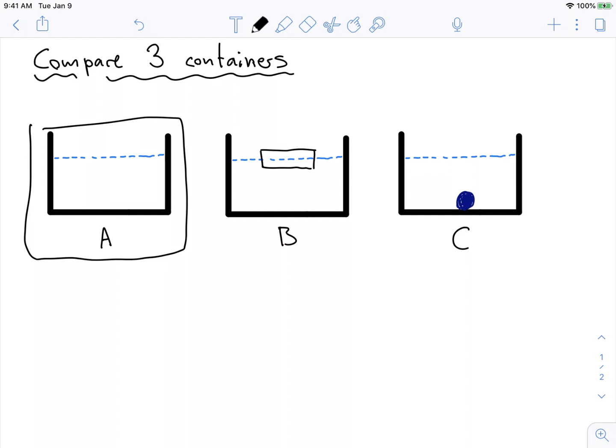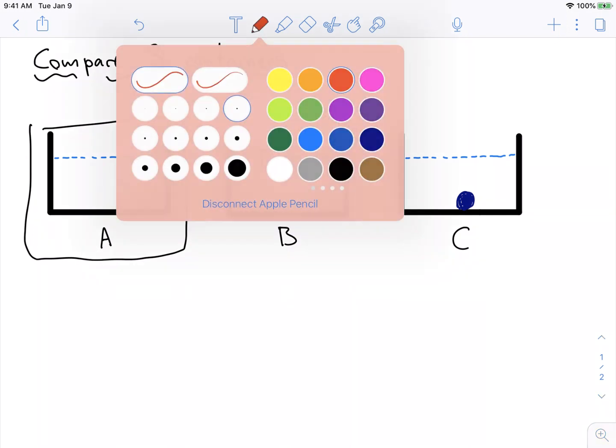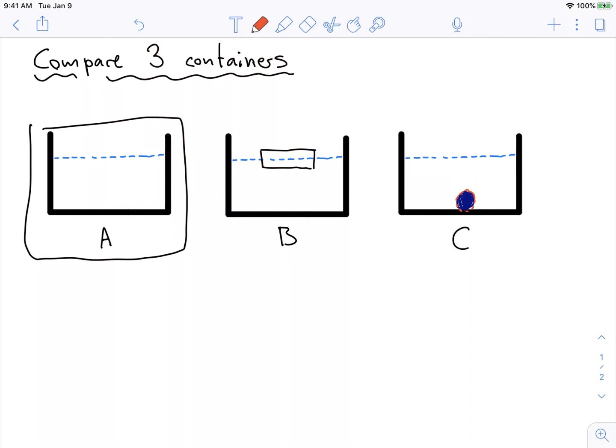So what we notice is that if I look at a similar volume as this little object here, I've got this little rock at the bottom. If I look at the similar volume over here in this empty container, I know that because this rock is sitting on the bottom of container C, it must be a higher density than water.